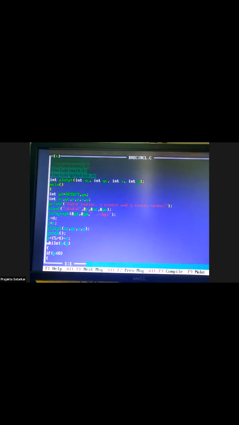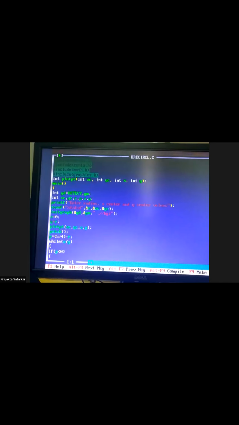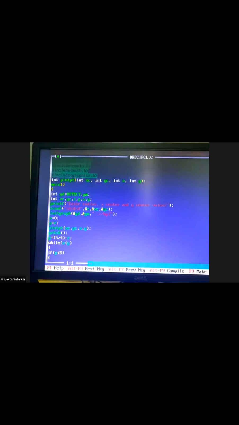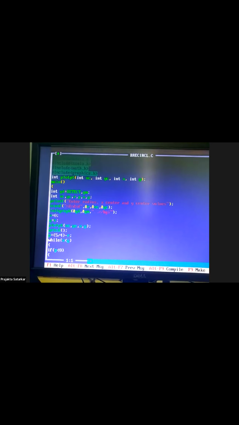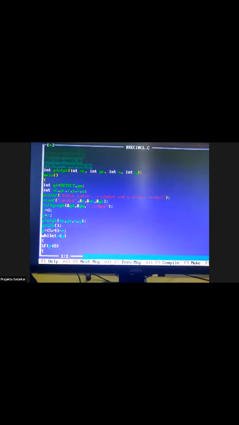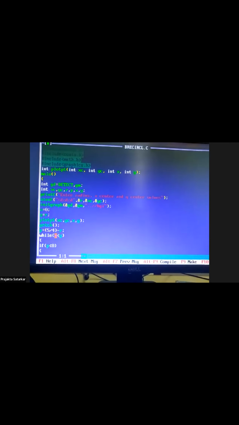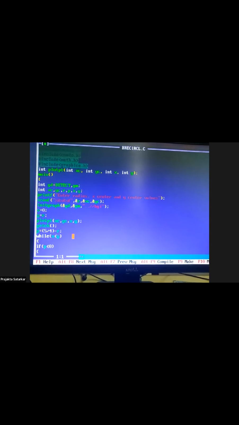Then while X is less than Y, so it is the algorithm step. Till the X value is less than Y, we have to do the following things. X is less than Y means we have to continue till Y equals X-axis, and that's why this condition is there.